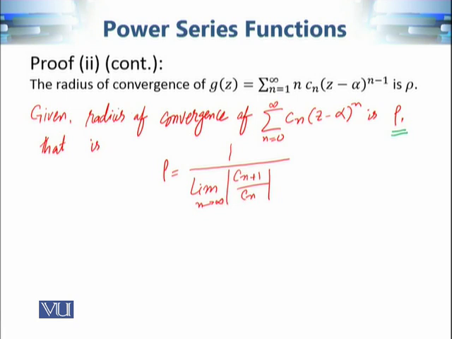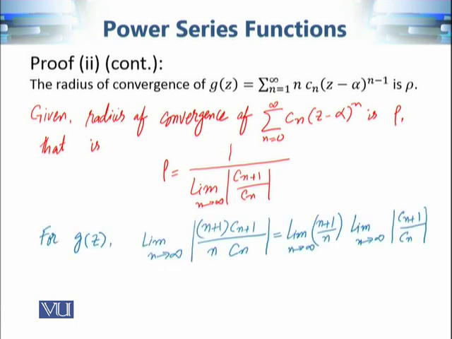Okay, now given this, we are going to apply this ratio test to get the radius of convergence of g of z. Over here, what is the n plus 1 term? Of course, by taking n to be n plus 1, we get n plus 1 times Cn plus 1 in the numerator, and by taking n to be n, it is n Cn. Now we can divide this limit into the product of two limits: the limit as n approaches infinity of n plus 1 over n, and the limit as n approaches infinity of Cn plus 1 over Cn.